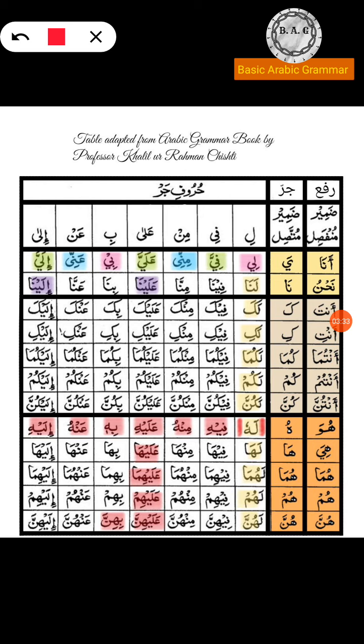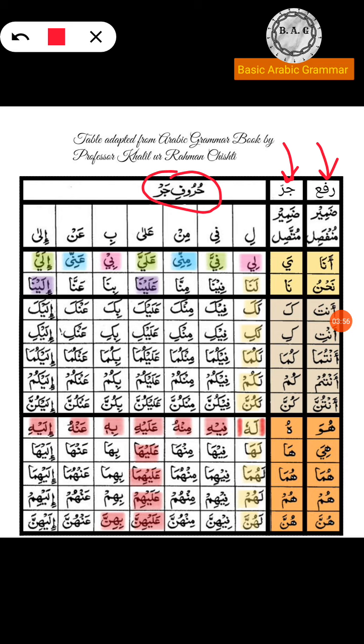It's only the context and a couple of other grammar rules that tell us whether it's a nasab or jar pronoun. This block here is for the rafa pronouns. This block here is for your jar pronouns, and all these are your haruf jar.